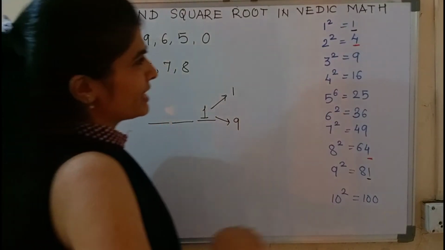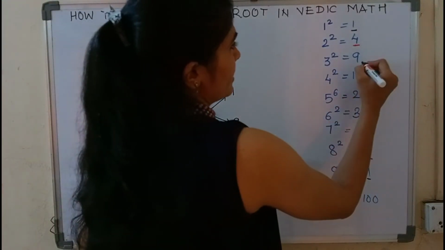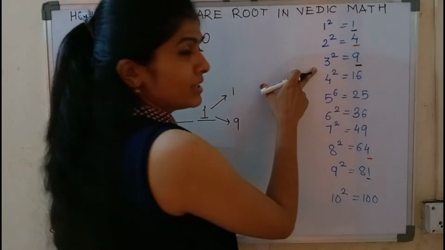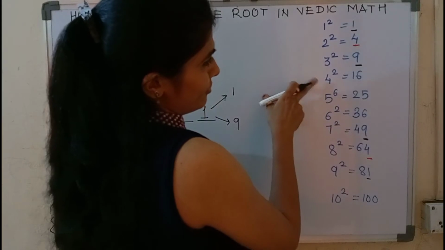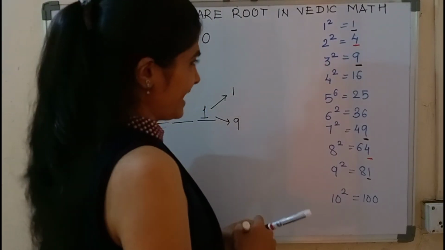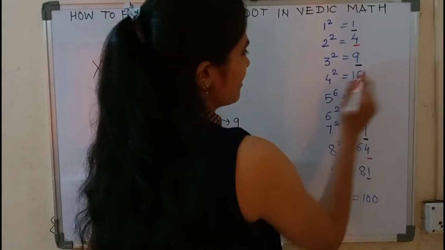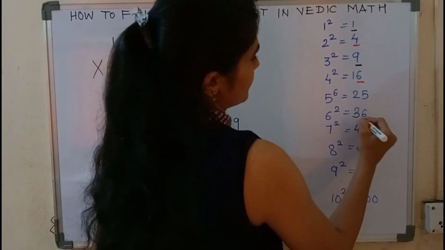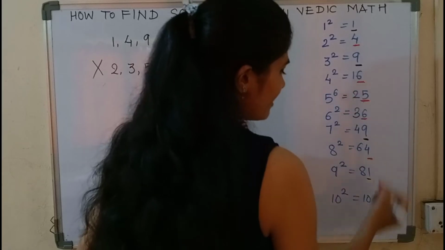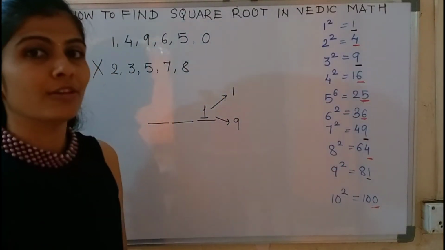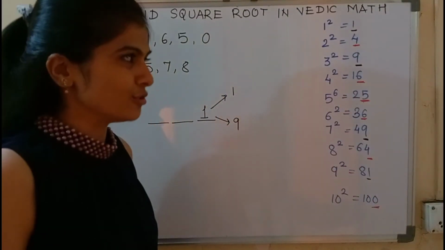If any number ends with 9, then its square root must end with either 3 or 7, right? If any number ends with 6, its square root must end with either 4 or 6. And if it ends with 5, it must end with 5. And if it is 0, it must be a multiple of 10. It could be 10, 20 and so on, right?